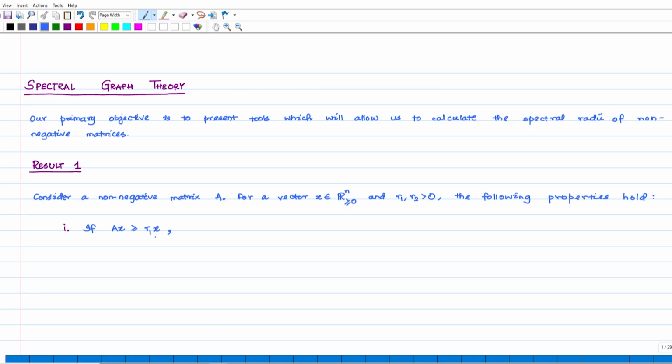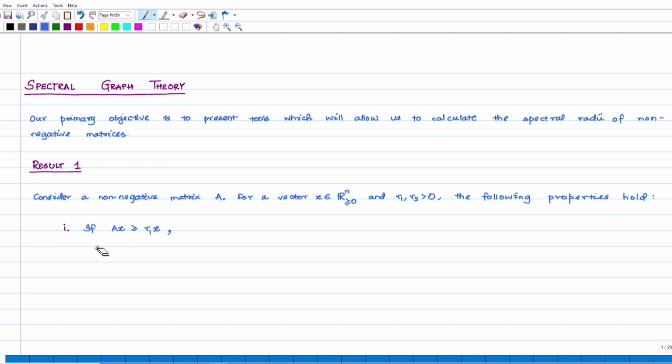So, what do we have here? We have the vector x, we operate on it with the linear transformation, the non-negative matrix A, such that the output that we get is greater than or equal to some positive number times x.